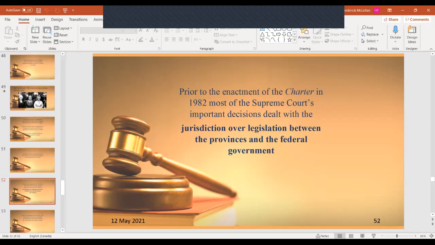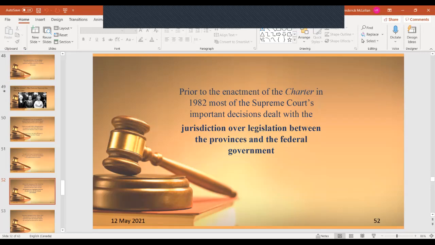Prior to 1982, most of the Supreme Court's decisions dealt with the jurisdiction between the provinces and the federal government, sections 91 and 92 of the British North America Act, right? There was always competition between the two levels of government as to who had authority over what, almost always that authority dealing with how to make money.